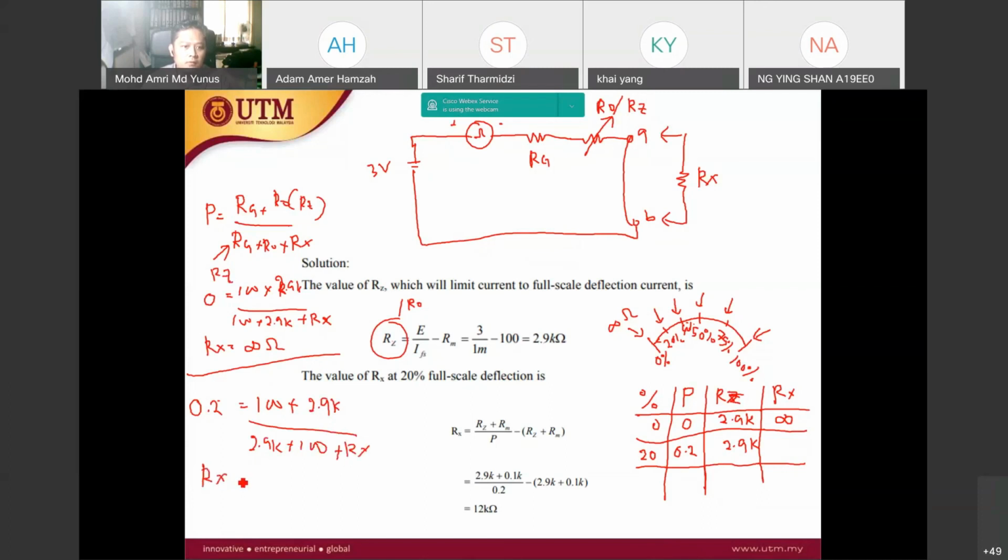If we figure out the Rx value, it's supposed to be 12K. So here Rx is 12K, and the value on the scale here is supposed to be 12K.